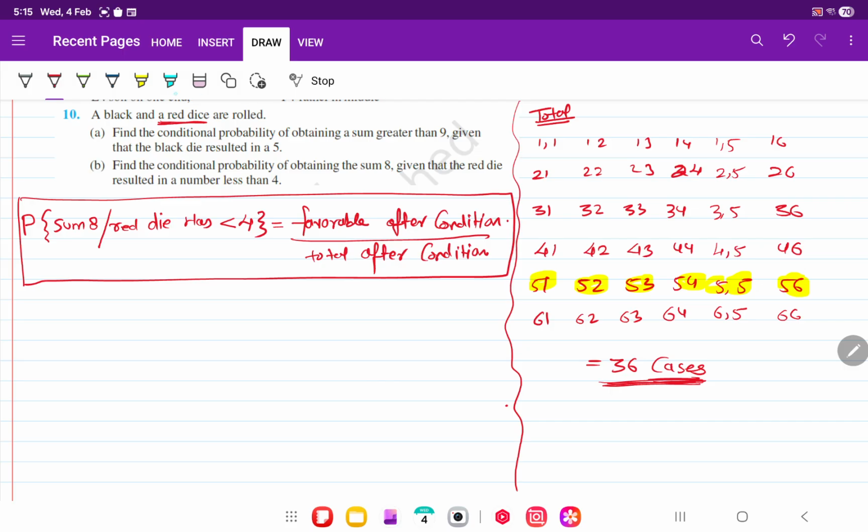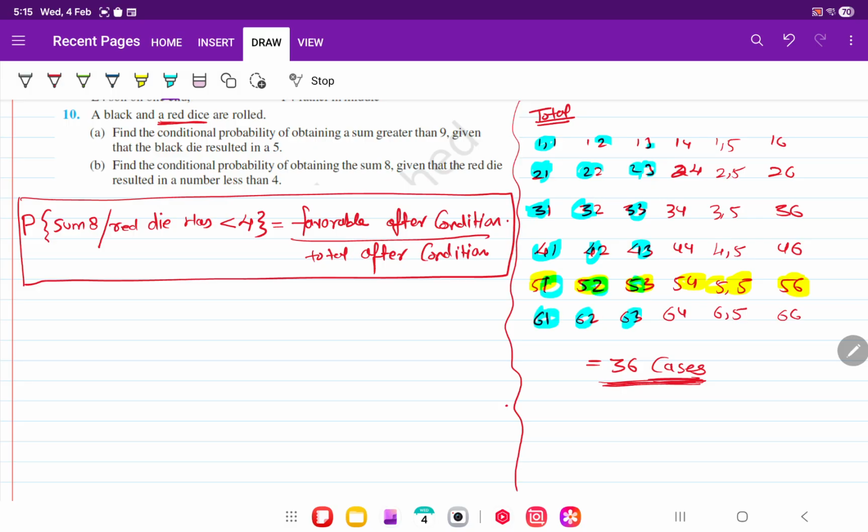So on which cases does the second one have less than 4? I think here less than 4 is this one, right? These three cases, then these three. Here the second one is having 4, so this is not allowed, so we will take these. Then these ones, correct? Then these ones and these ones.